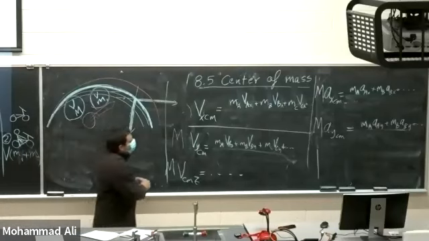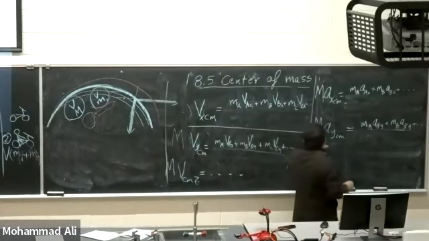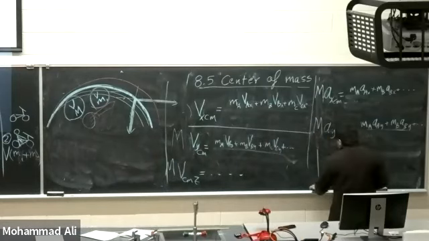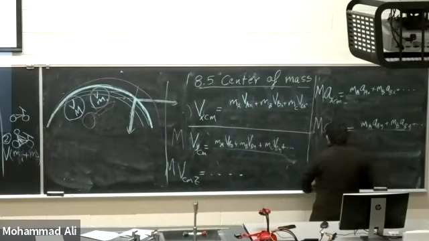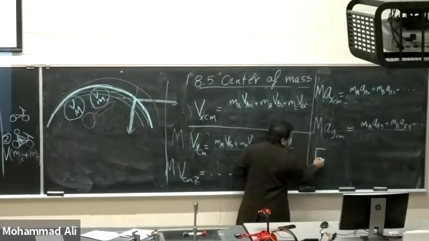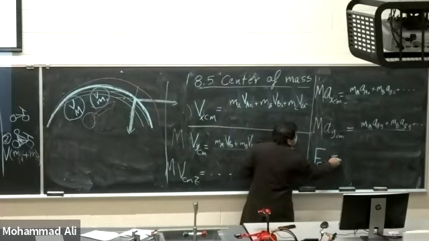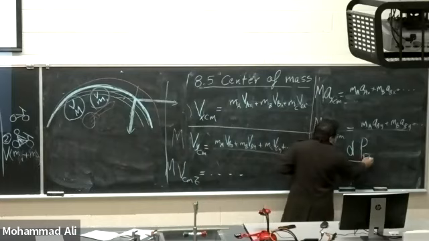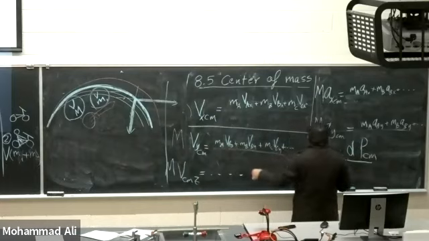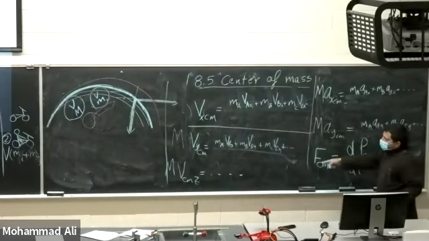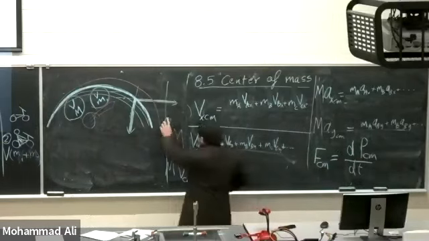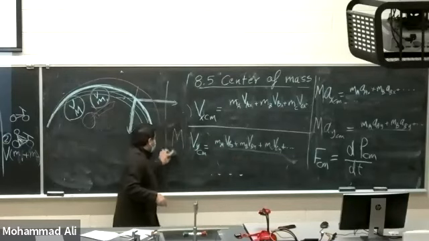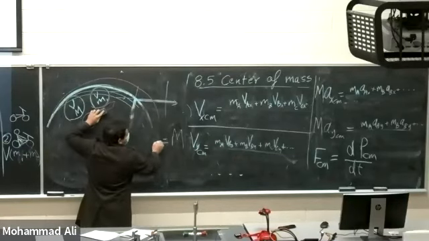Okay, what about this? This is the force, as we know from before. This is the force on the center of mass. It will be equal to the time derivative of the momentum of the center of mass, which is this one, with respect to time. Because this is the momentum of the center of mass in any direction, X or Y or Z. This is the momentum of the center of mass in Y direction.